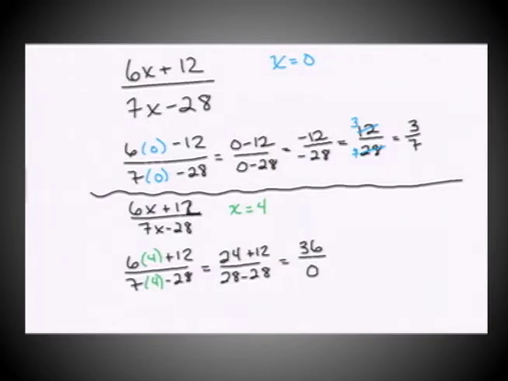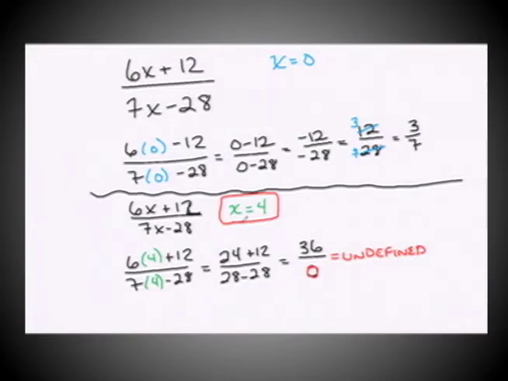And this is where we have a problem. You learned from earlier videos that division by 0 is undefined. Therefore, this entire expression is now undefined. And it is the value 4 when we plug in for x that causes that expression to be undefined.